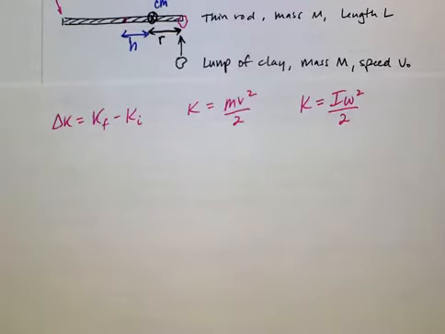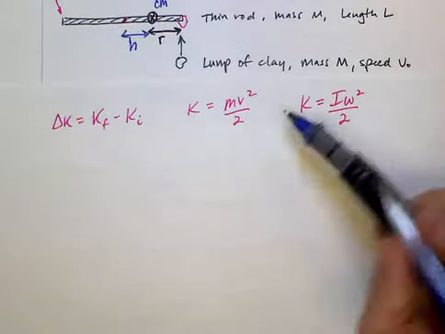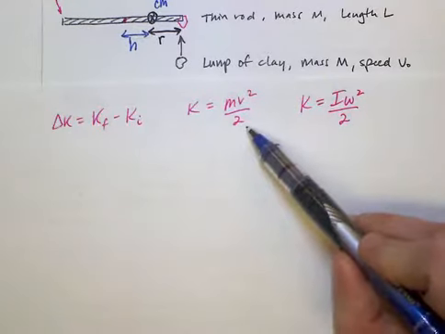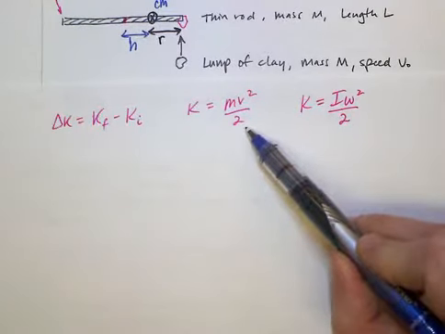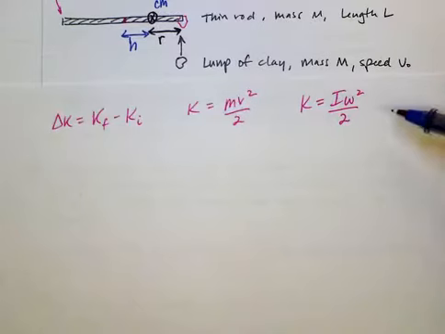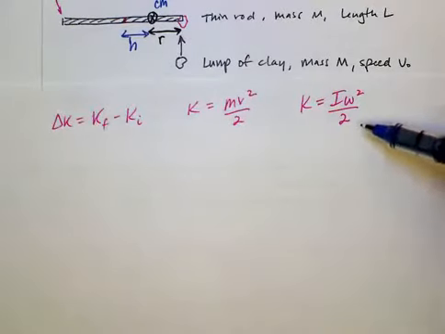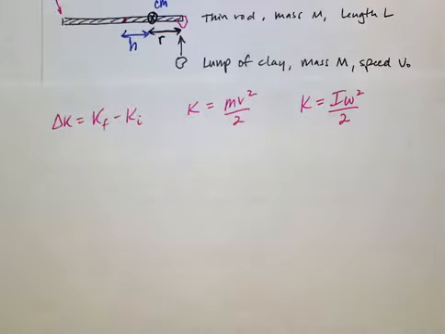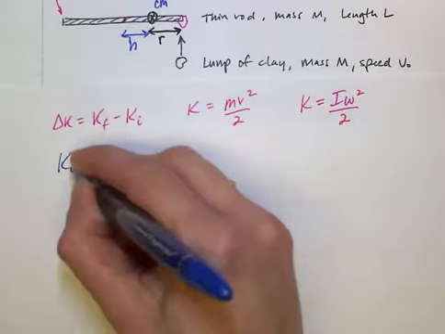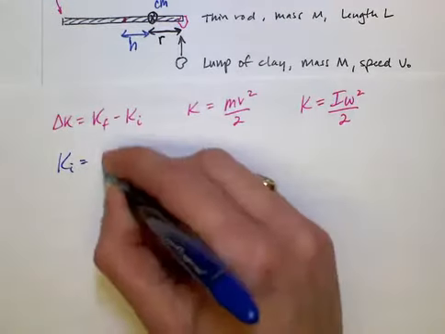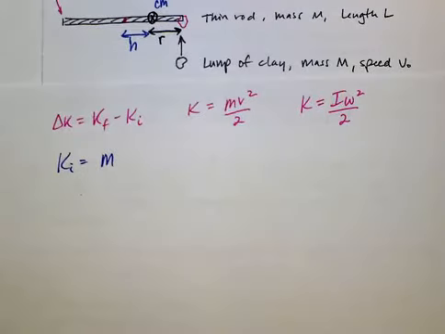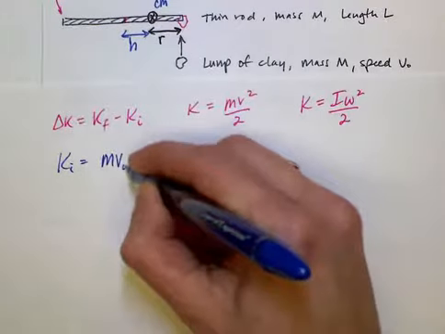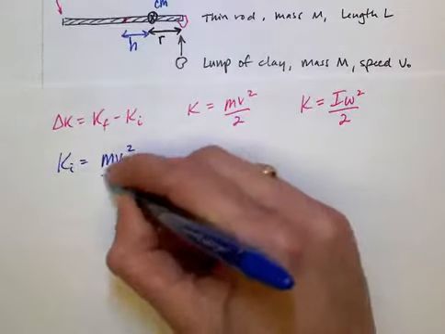So initially we just have the clay moving in a straight line, so we just have the one type of kinetic energy, and then afterwards we have everything moving through space, translating, and then also spinning about the center of mass point. So we'll have both. Let's start with the initial kinetic energy. That's just going to be the mass of the clay times the initial velocity squared over 2.